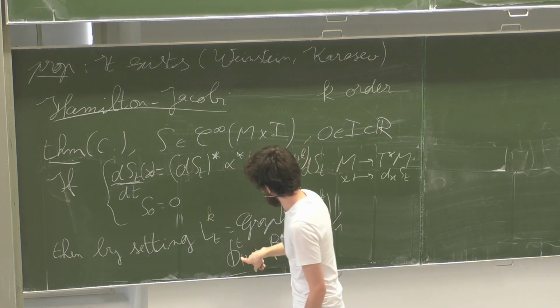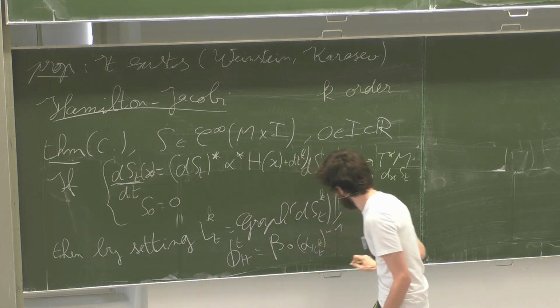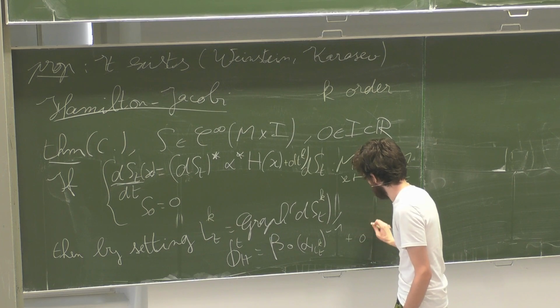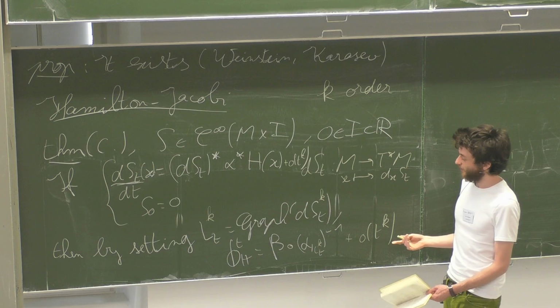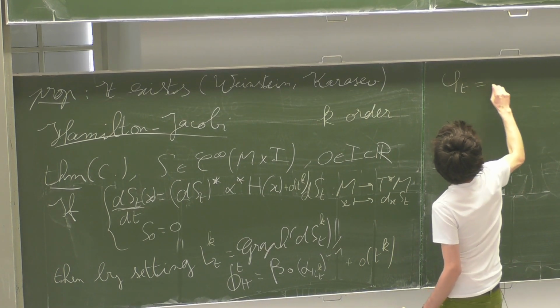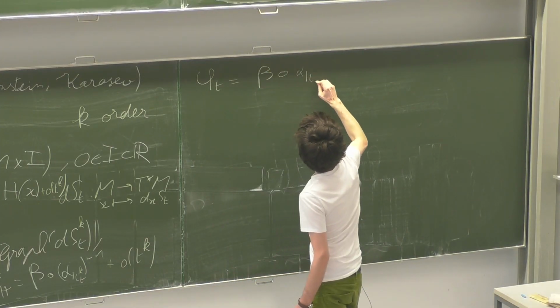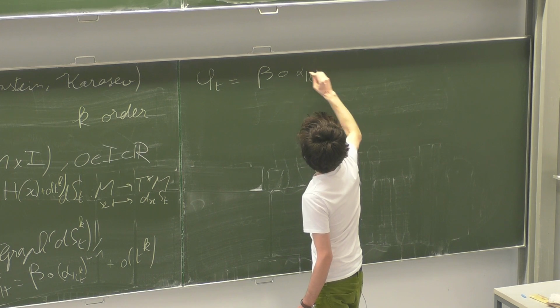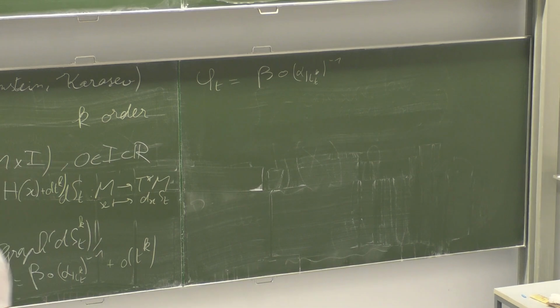And then here you don't get phi th anymore, but if I set K here, you will get phi th plus a small o of t^k. And in addition, I write phi t as the diffeomorphism induced by the submanifold LTK.